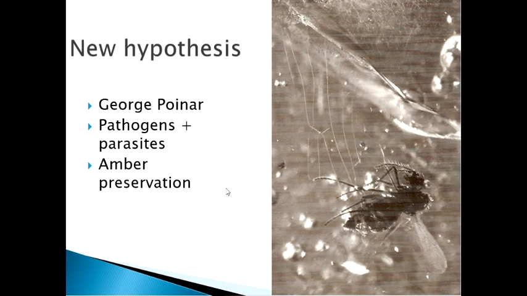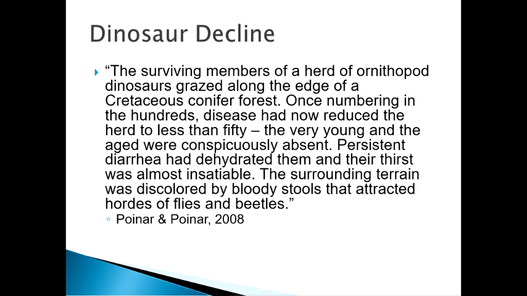So the new hypothesis is that not only were dinosaurs declining because their food source was declining, they became susceptible to a whole suite of diseases and parasites that we have evidence of in these amber deposits.